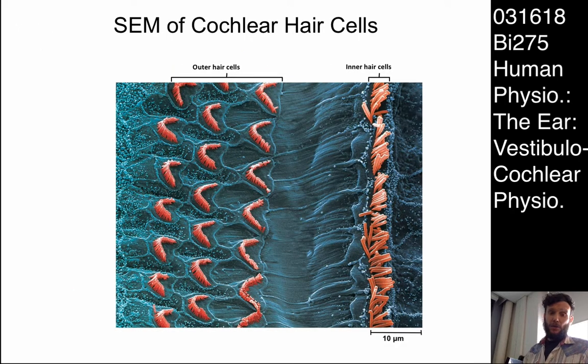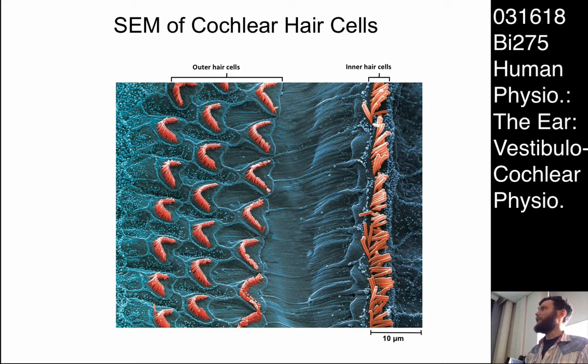All right. So here is a scanning electron micrograph of these cochlear hair cells. You can see that they do have slightly different structures. There's this row of inner hair cells, and then these arrays of outer hair cells.